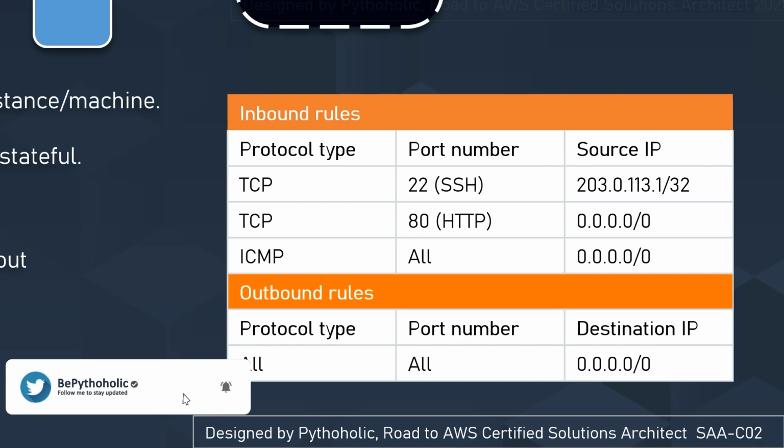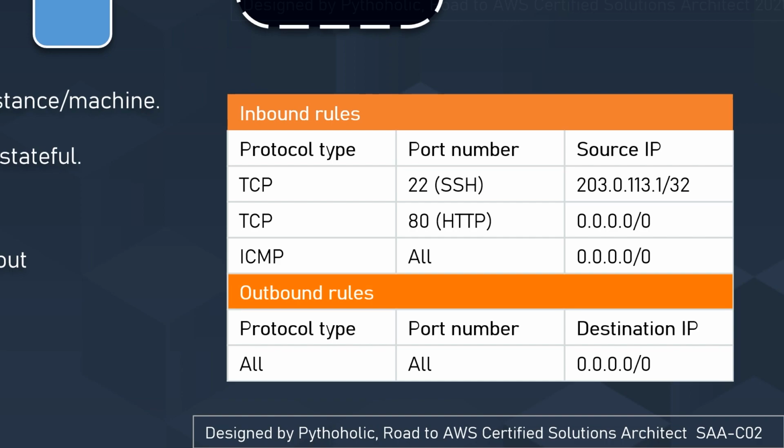If you see the example here, we have security rules for TCP and ICMP, where the outbound rules allow all traffic, and TCP traffic on SSH, or port 22 here, is tracked because the incoming traffic is not allowed for all IP addresses, even though all outbound rules allow the traffic.